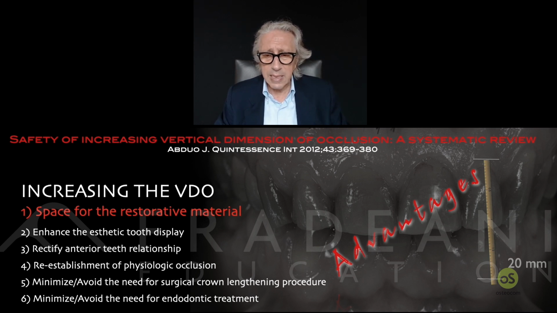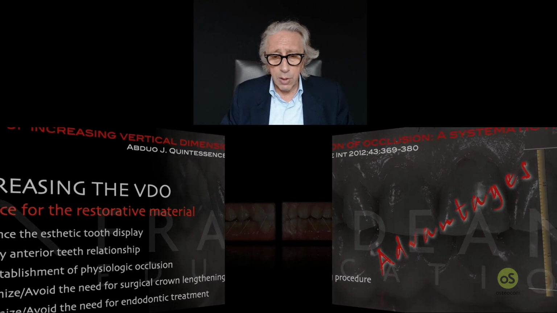I can optimize the aesthetic and the function, increasing the height between the two arches, having the space in between. And then minimize, or better to say, avoid any endodontic treatment, if we could, and any post and core, any surgical crown lengthening procedure to have more tooth available. That is our goal, of course.